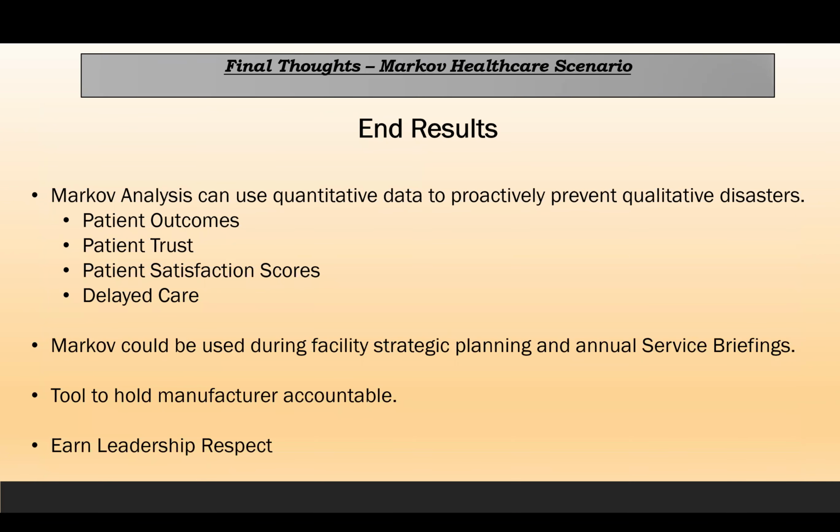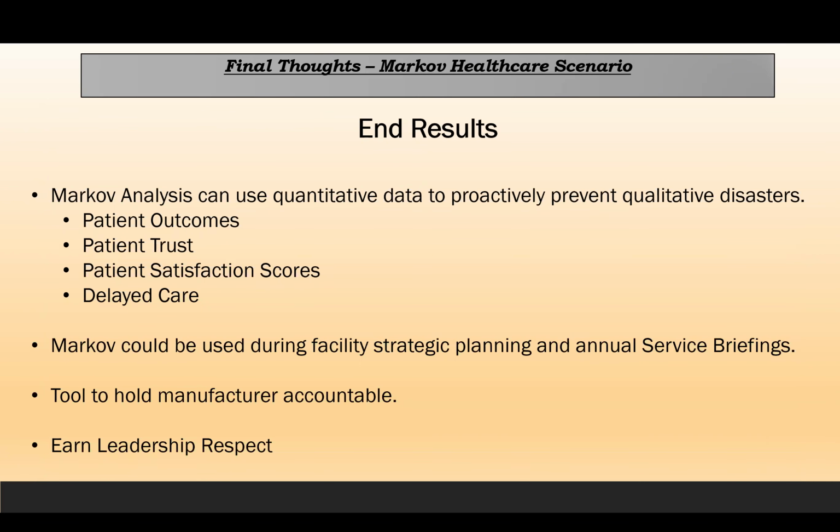So final thoughts on specifically the healthcare scenario. We're using quantitative data to predict and really offset qualitative issues. And a couple things I listed there are just massive, and they're not just in the healthcare industry, they're really in tons of industries now with social media, so many, the ease of reviews for businesses and places and healthcare providers.